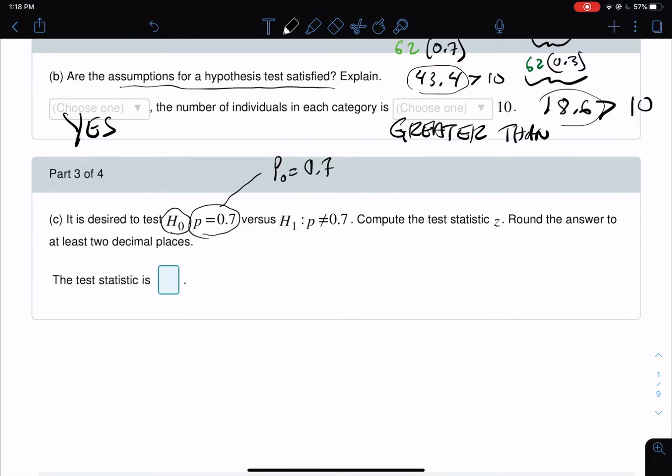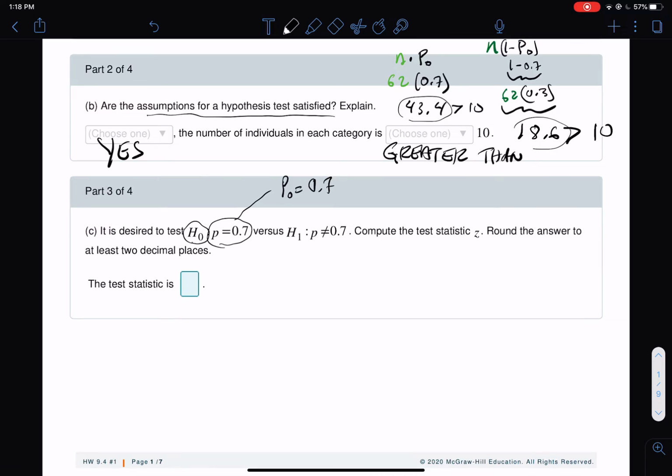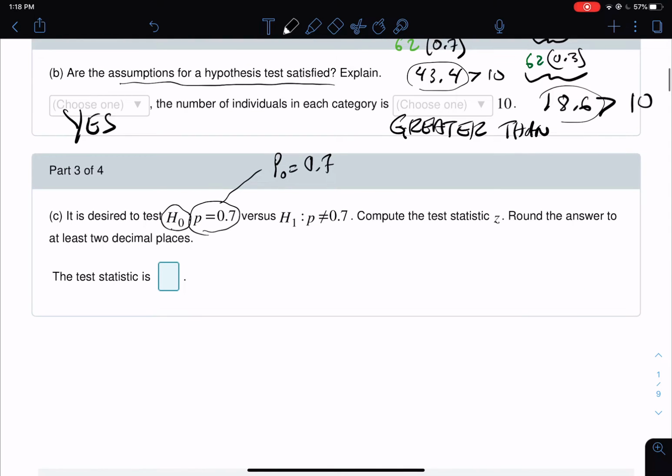It is desired to test our null hypothesis, meaning the population proportion is 0.7, versus our alternate hypothesis, that the population proportion is not equal to 0.7. Compute the test statistic z, rounding the answer to two decimal places.